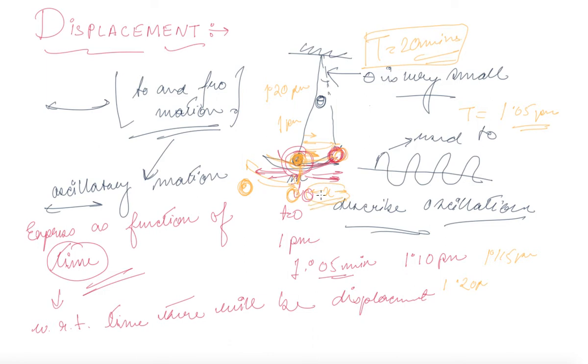And if there is a small displacement, all oscillatory motion can be defined or can be expressed as a function of time. Oscillatory motions, to and fro motions, can be expressed as a function of time. That is what we have established.